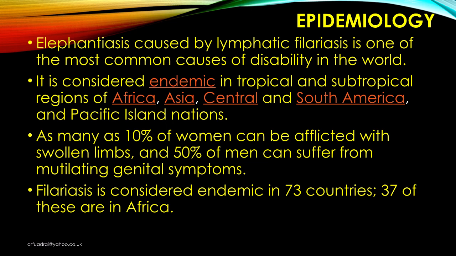The major vectors of W. bancrofti are the mosquitoes of the genus Culex. And then Anopheles. Culex mainly spreads this disease in urban and semi-urban areas, and then the Anopheles in rural areas of Africa and elsewhere. And then the Aedes also transmits this disease in islands of the Pacific.